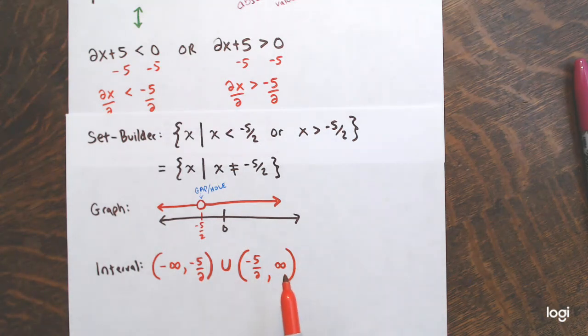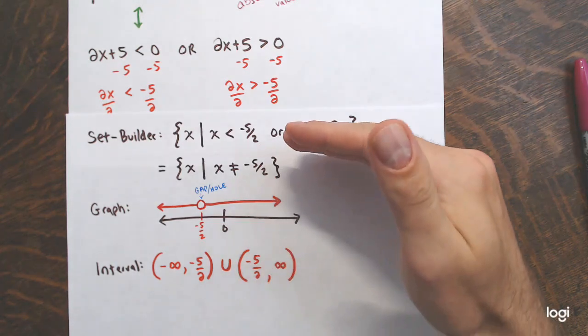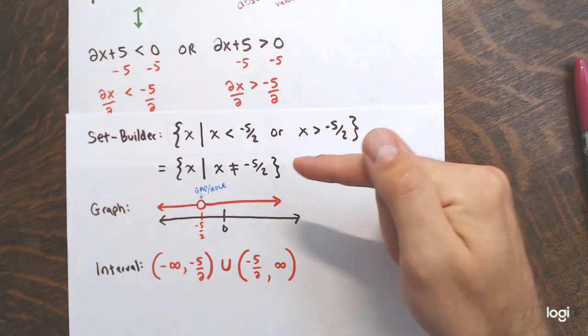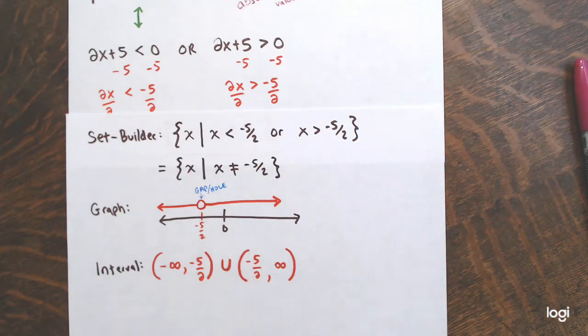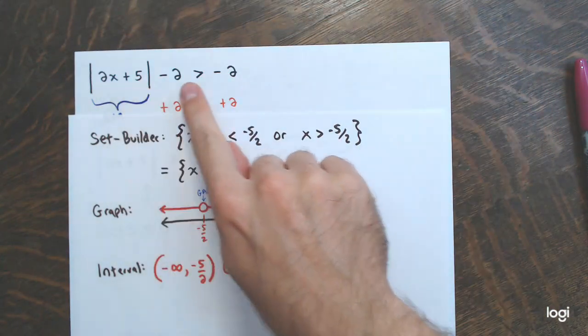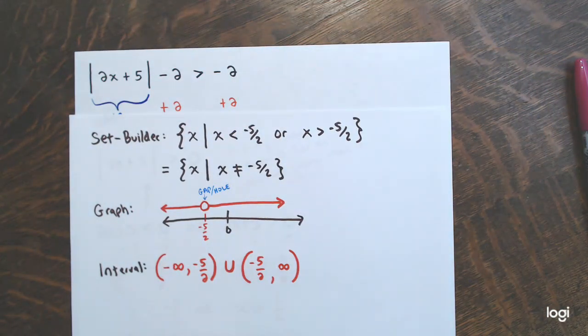So here's the interval notation for all these numbers, every number on the real number line except negative 5 halves. You got two pieces, a gap at negative 5 halves. Great, so all three of these things, well really all four of them because I had two set builder notations, all four of these things represent the same set of numbers, all the numbers that make my original inequality a true statement. Great.